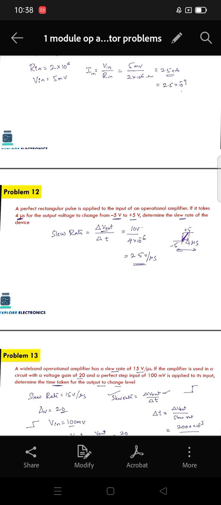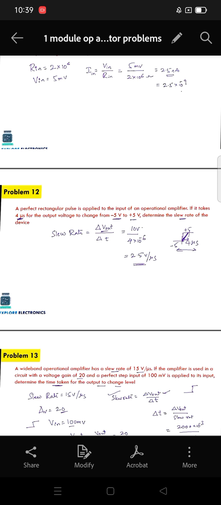What is the formula for the slew rate? Slew rate equals delta Vout by delta T. That is, the change in the voltage with respect to time. This is called slew rate. Then you have to substitute the values. Change in voltage: -5 to +5 means 10 volt, since minus of minus is plus, so you add those voltages and get 10 volt.